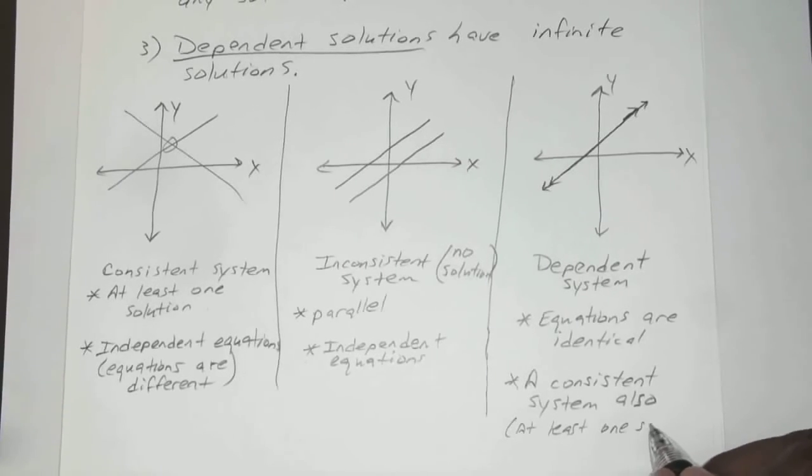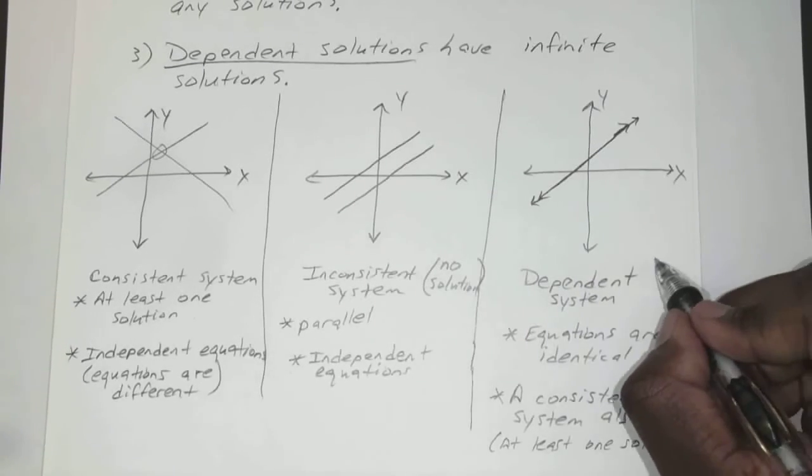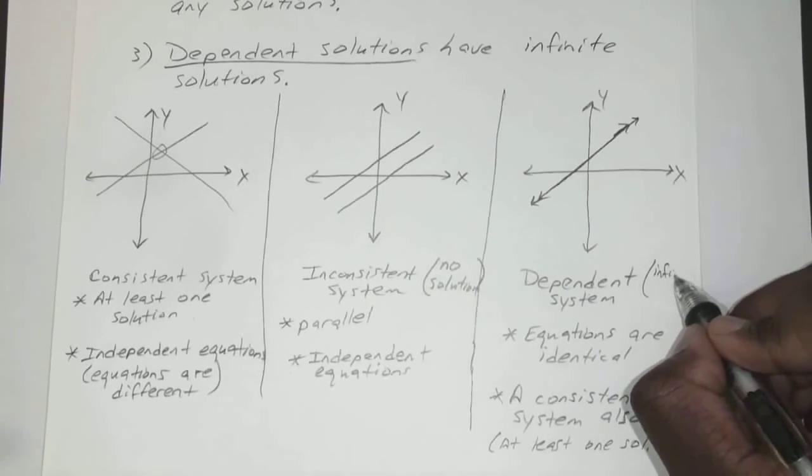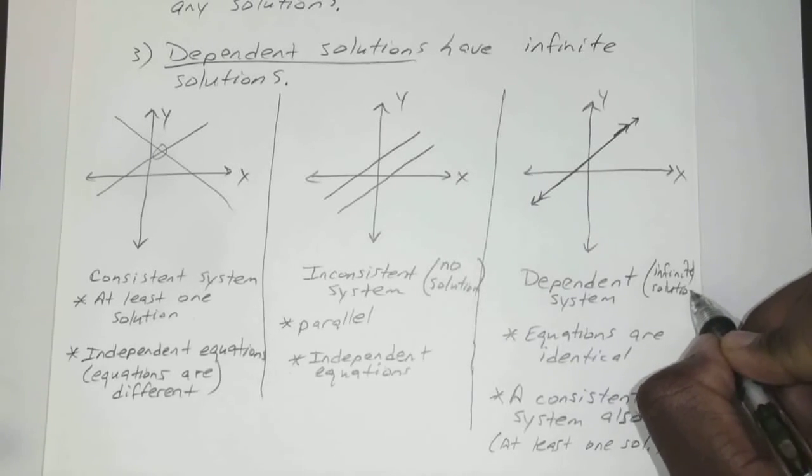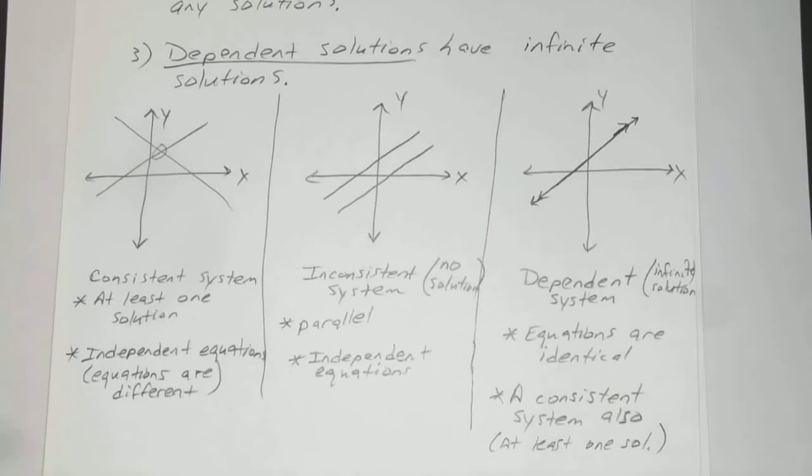At least one solution, and actually here you have infinite. Okay, so those are the three types of systems.